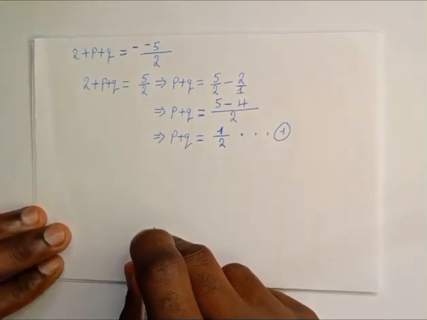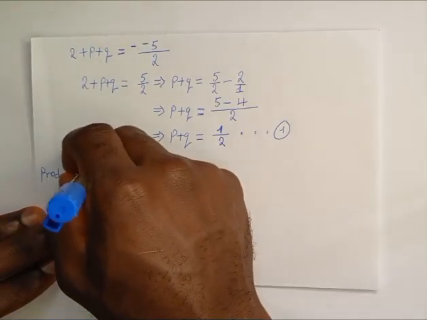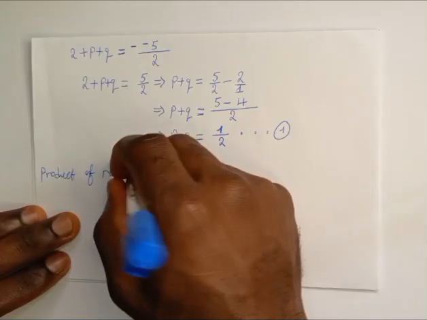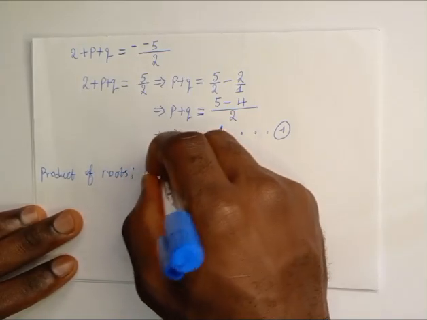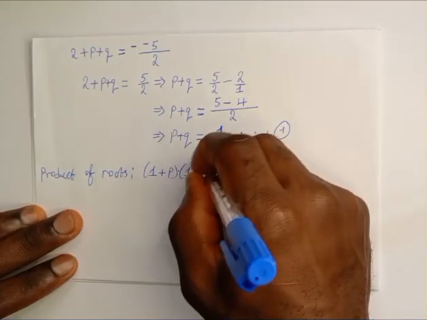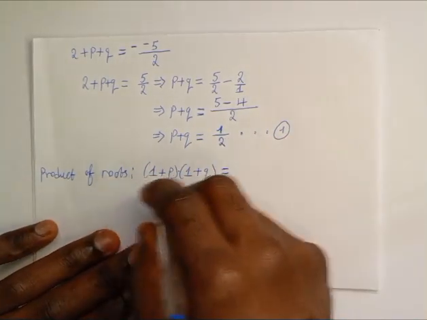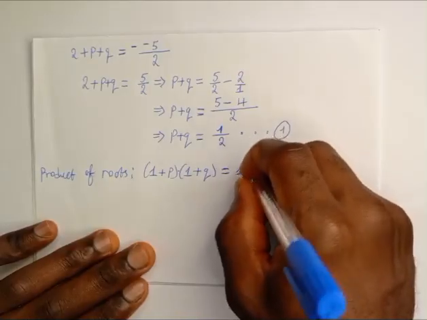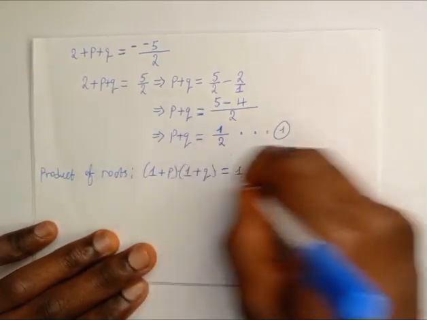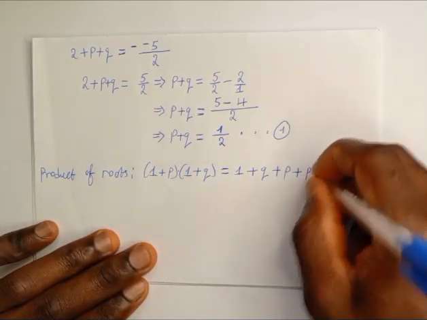The next thing, we need to find the product of roots. The product of roots, we are going to take 1 plus p times 1 plus q, and this will simply be equal to 1 times 1 gives us 1, plus 1 times q gives q, plus p times 1 gives p, plus p times q gives pq.